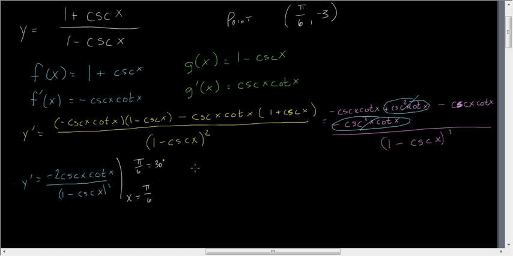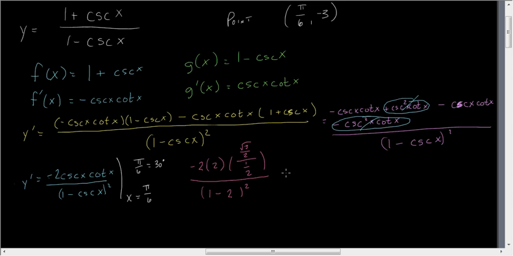negative 2 times 1 over sine of x, or 30 degrees, is 1 over 1/2, which is 2, times cotangent. Cotangent is cosine over sine, but cosine of 30 is root 3 over 2, and sine of 30 is 1/2, all over 1 minus, and now cosecant, remember, is 1 over sine, which is 1 over half, which is 2, squared.